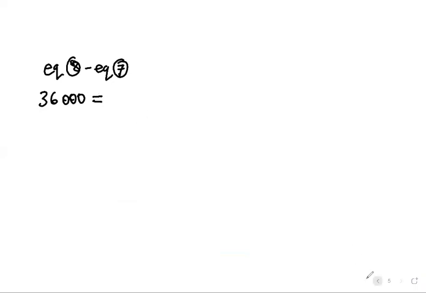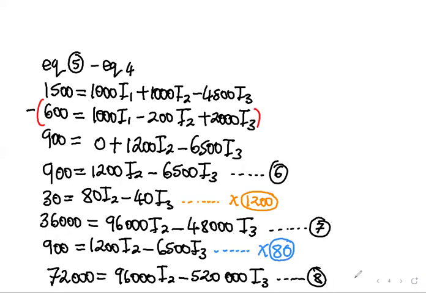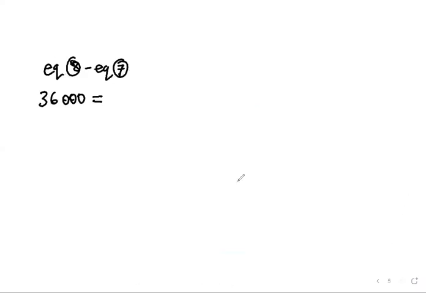It's equal to, now look at this here, you're going to say 96,000 I2 minus 96,000 I2. As a matter of fact, they're going to cancel out, right? So it will be minus 520,000 I3 minus into negative 48,000. What are you going to be left with? You're going to be left with minus 472,000 I3, right?